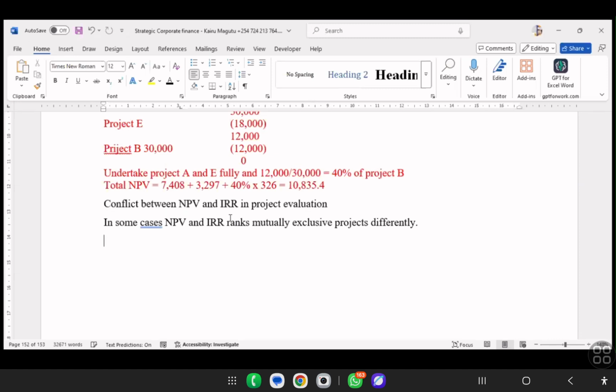In some cases, NPV and IRR rank mutually exclusive projects differently. So, for example, we could have a project.